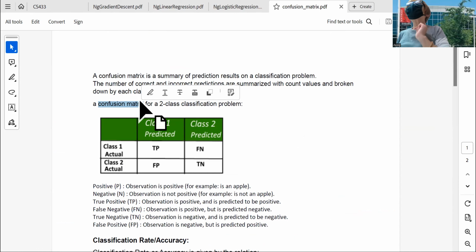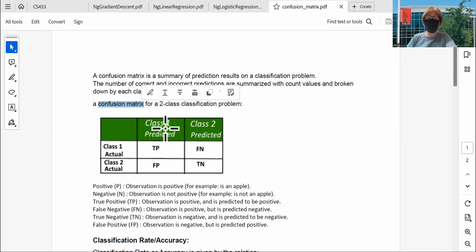But for machine learning, we can use more measures: confusion matrix, recall, precision, F2 value. All of those can be used to measure your machine learning model's performance. Keep all of this in mind.